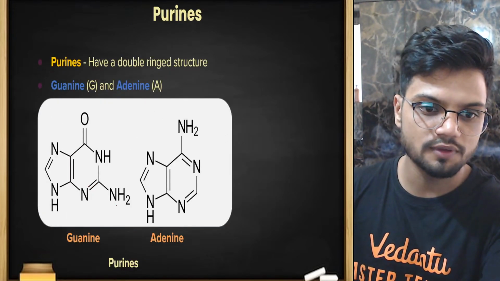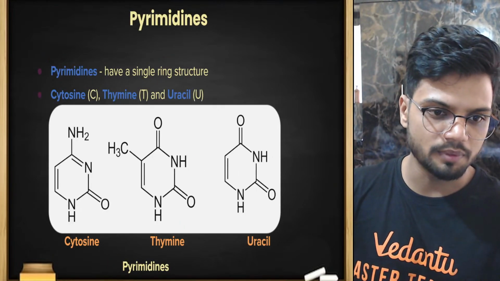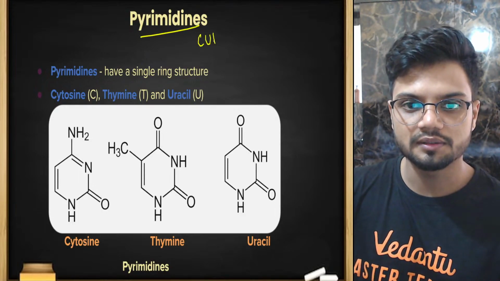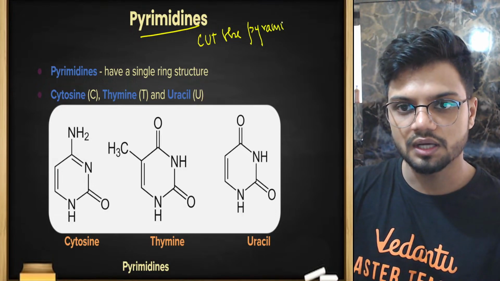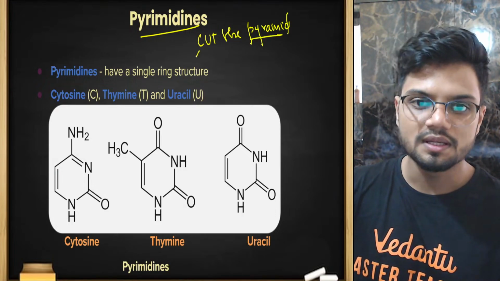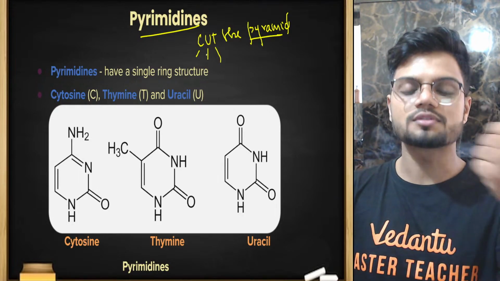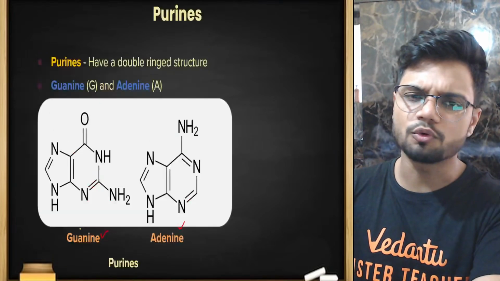Among the purines, we have guanine and adenine. Then you have the pyrimidines. Here is a small trick to remember pyrimidines: cut the pyramid. Pyrimidines are cytosine, uracil, thymine. Cut the pyramid. The remaining two are your purines.